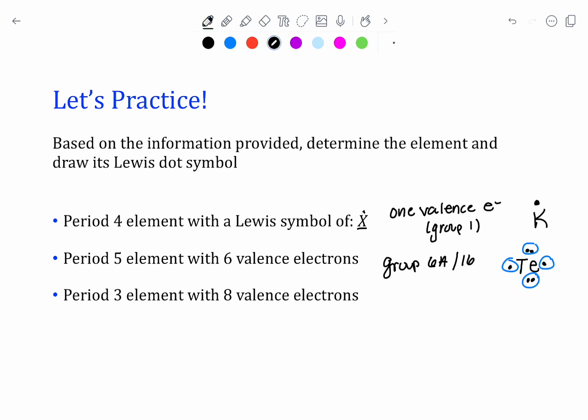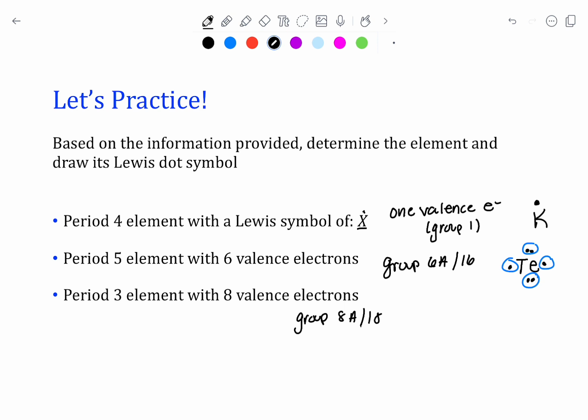Our last example tells us that we have 8 valence electrons, so we know we are in group 8A or group 18. Those are the same groups. If it's in period 3, it's in the 3rd row down. So look to your periodic table, go to group 8A, which is the very last column on your periodic table, the one all the way on the right, also known as our noble gases.